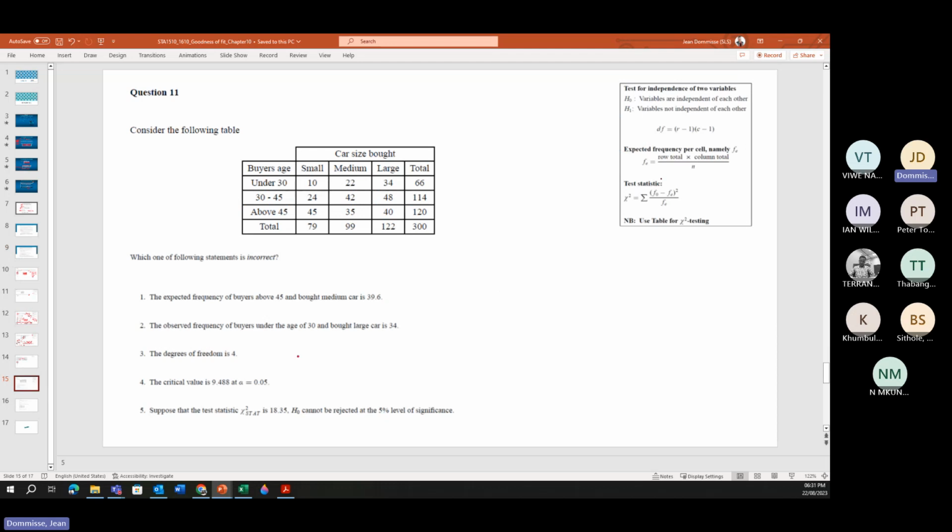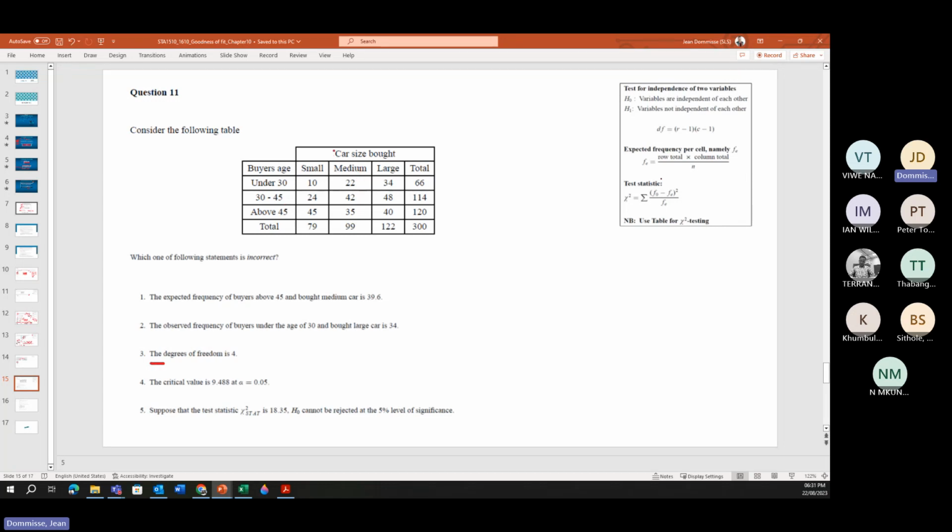Okay, so let's look at, I think this is the last example that I have on this. Again, very similar types of questions. Firstly, I see there's no hypothesis that they have asked here. I see degrees of freedom, so let's first do degrees of freedom again.